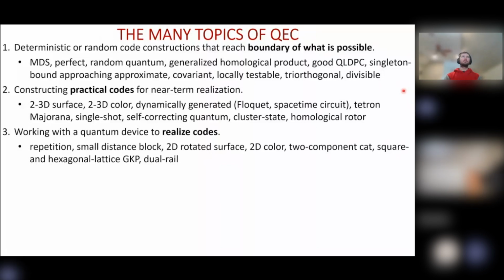So, for example, people who study phases of matter occurring in 2 and 3D are indirectly helping study codes that may later be useful for some device.